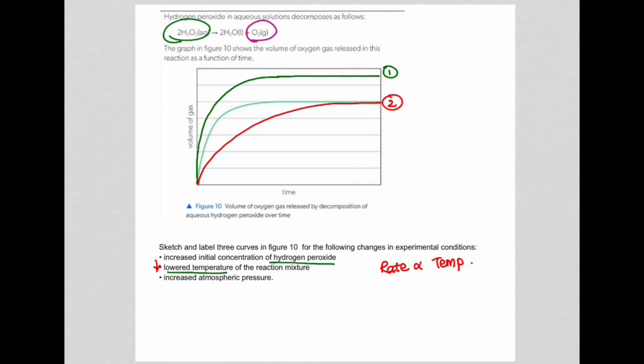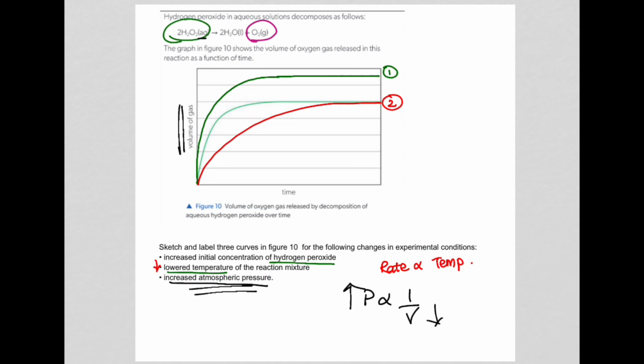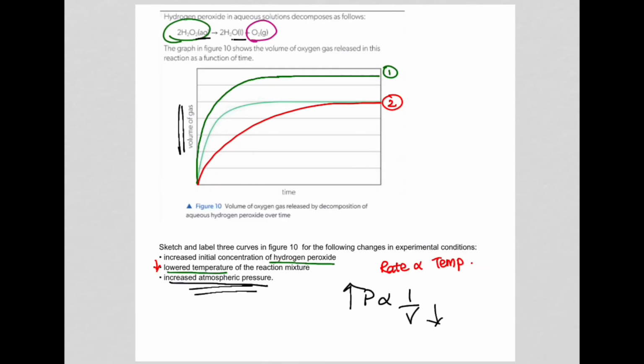Now if we look at the third one, when you increase atmospheric pressure, here we're looking at volume and here we're looking at pressure. So I have the relationship, pressure is inversely proportional to volume. So when pressure increases, volume decreases. Now if you look at this reaction, you can see that this is aqueous and liquid. So aqueous and liquid means that they are both liquids.